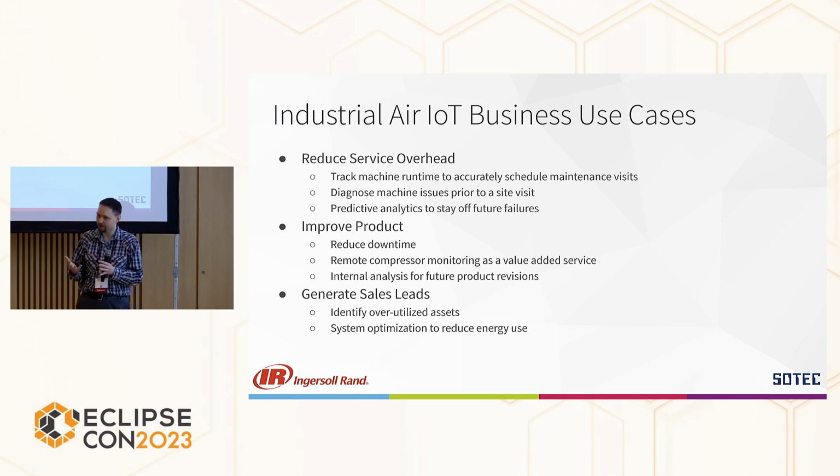We have warranties, but we also have Tech Direct, which is our service plan with our customers. By using IoT, we can schedule our visits more accurately. We don't have to go to a site and find, oh, you haven't been using your machine, we don't actually need to change the air filter right now. Now we just go to the site when we need to, and that saves us a lot.